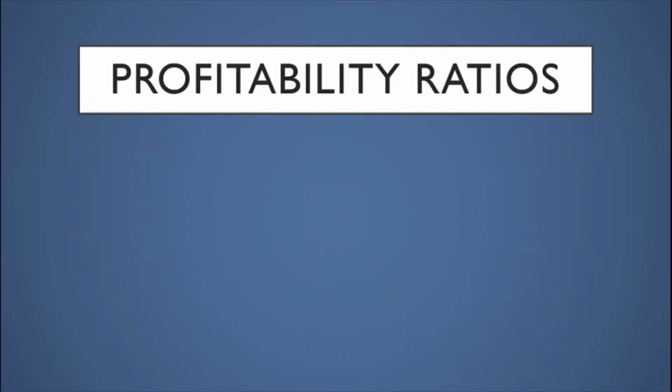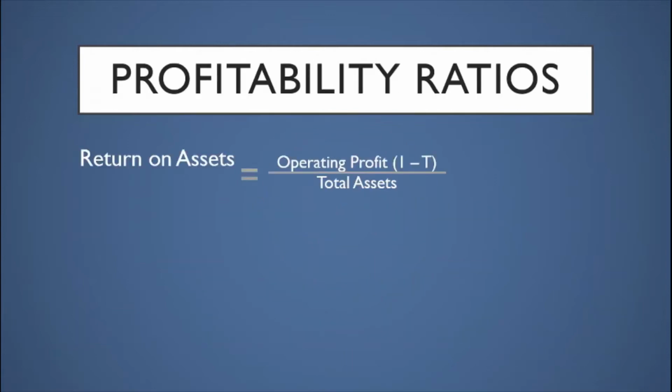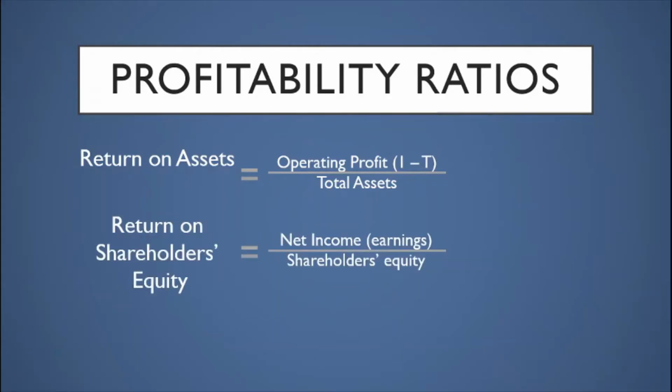As for the second set of ratios, we have the following. Return on assets. This is calculated as operating profit multiplied by 1 minus tax rate divided by total assets. Return on shareholders' equity. This is equal to net income or earnings divided by the shareholders' equity.